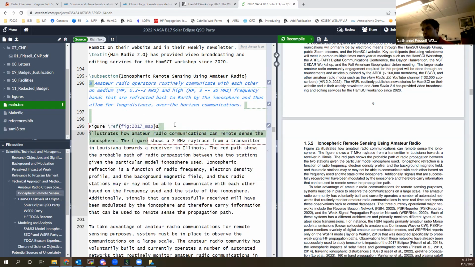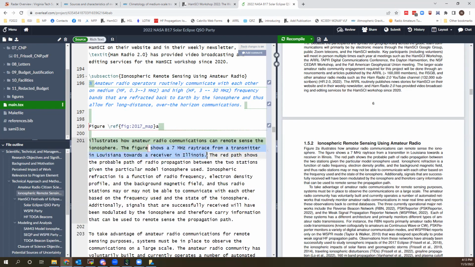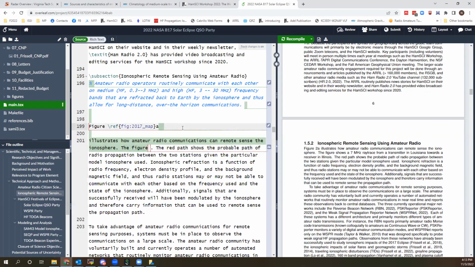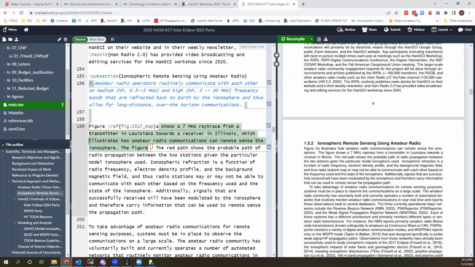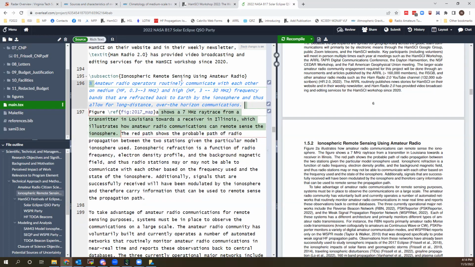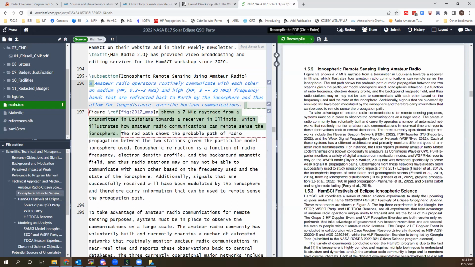Just move the illustrates section to the end of the sentence after Illinois. You don't need to be redundant mentioning the figure twice. Figure 2A shows a 7 megahertz ray trace from a transmitter in Louisiana towards a receiver in Illinois, which illustrates how amateur radio communications can remote sense the ionosphere.